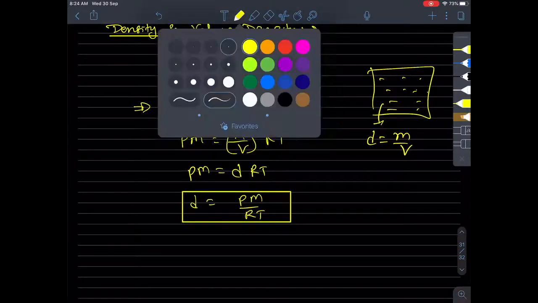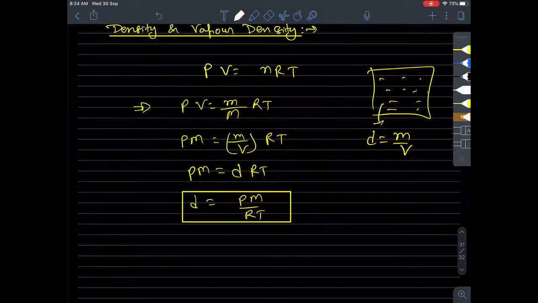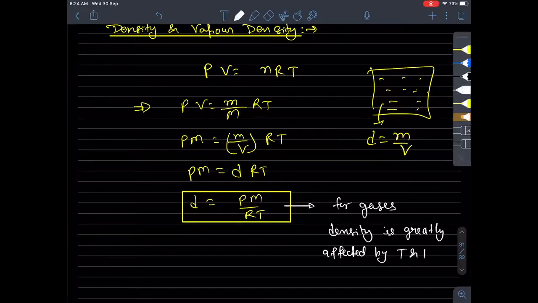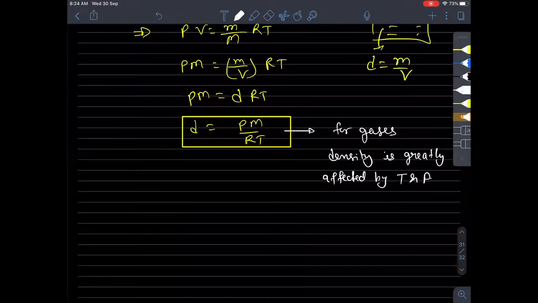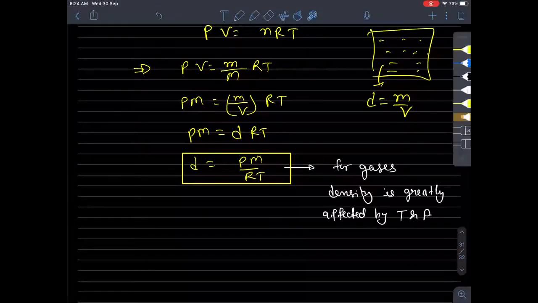Why am I saying this, guys? Because for gases, density is greatly affected by temperature and pressure. सोच लो आपका सेम गैस है बेटा. Suppose you have the same gas. That means the molecular weight of the gas is fixed.